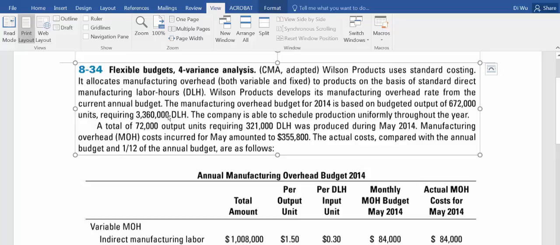So I can figure out how many hours it will cost to manufacture 1 unit. I'm going to divide this number by the output to figure out the efficiency, how many hours it will take to manufacture 1 particular unit.